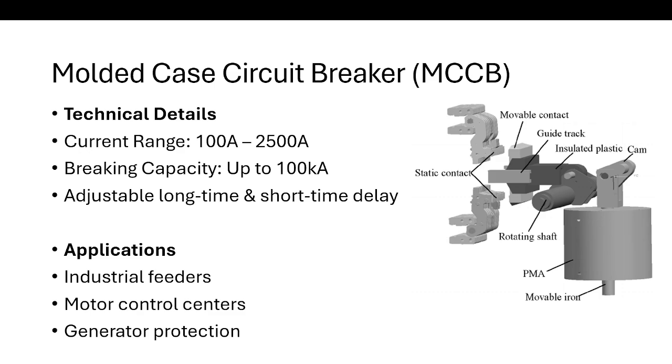Same with the magnetic coil. When a certain inrush of current happens, the magnetic field increases and pushes the iron plunger to open the contact. So the operating mechanism is the same. Some advancement is that it has adjustable long time and short time delay of breaking.